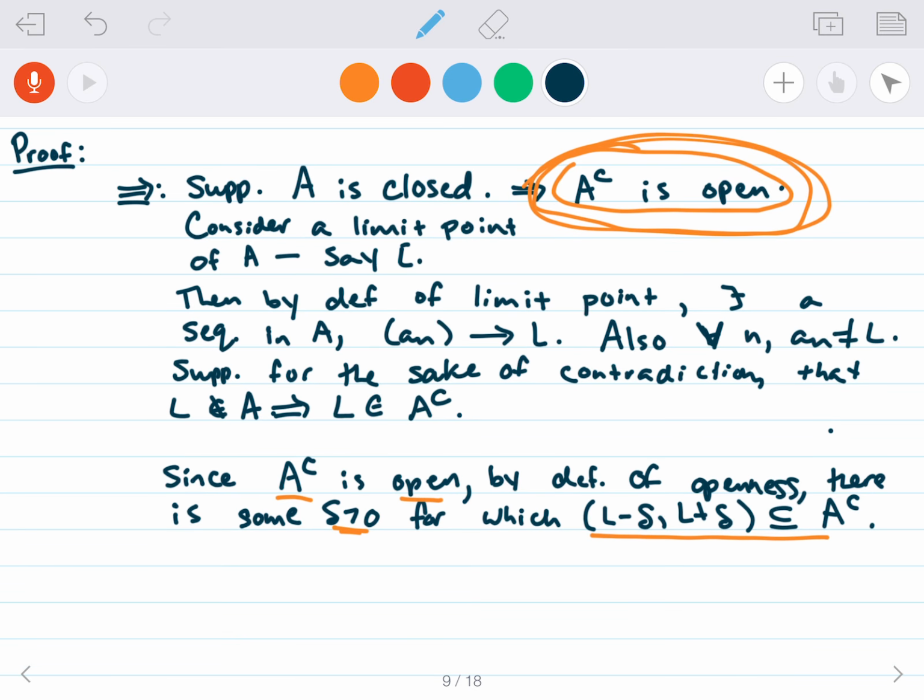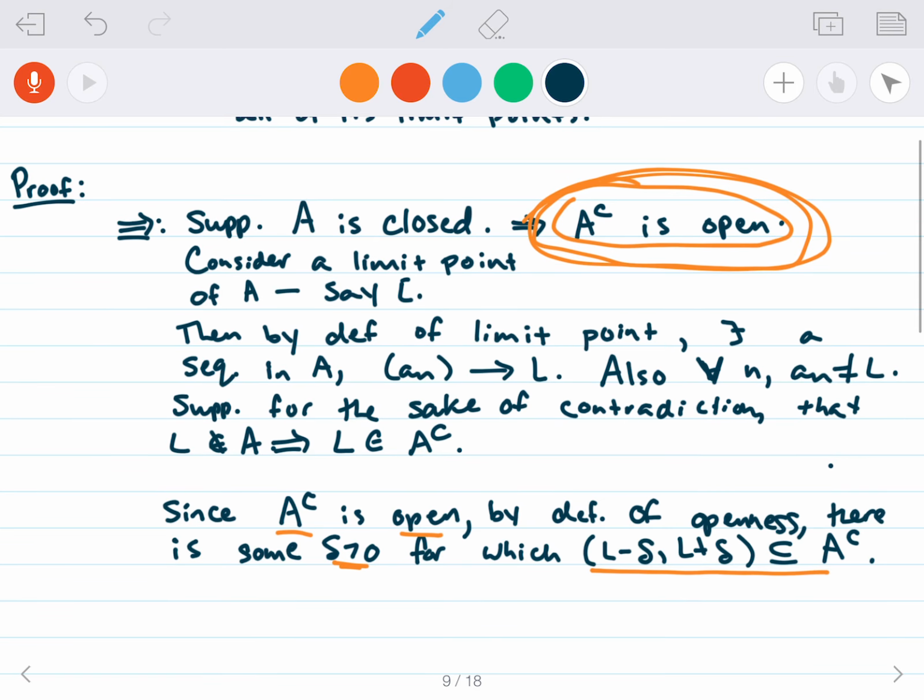So here comes our next piece. We already used this piece, that the complement is open. Now we also have this piece right here: the sequence a sub n converges to L. Now what does it mean for a sequence to converge? We have to go back to that definition where you were supposed to brew a pot of coffee and think about it for a long time.